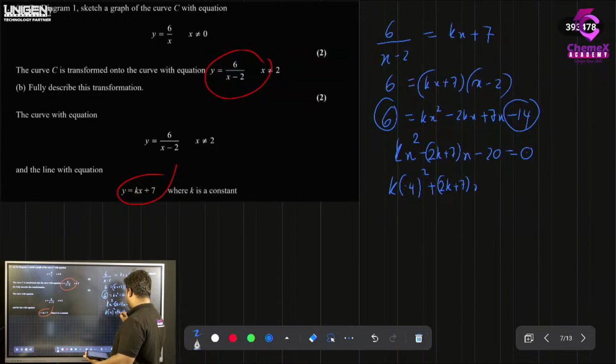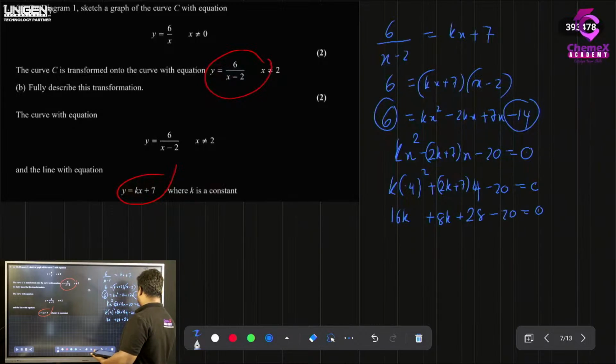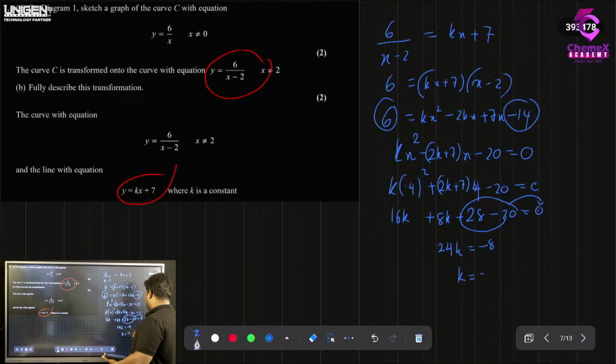So it's plus, let's put plus here and put a 4 in the front. Minus 20 equals 0. So 16k plus 8k plus 28 minus 20 equals 0. So this is going to be 24k is equal to, if you take the 8 to the other side, minus 8. K equals minus 8 over 24, minus 1 over 3.